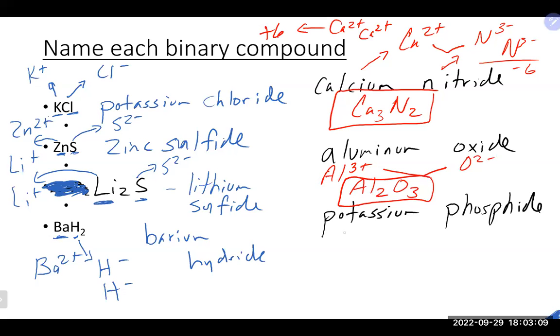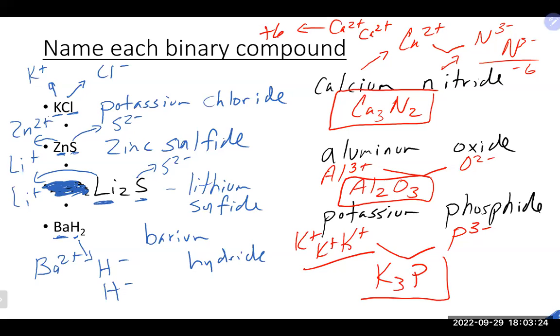Lastly, here we have potassium, which is group 1, and we have phosphide, which is group 5, a -3 in this case. We need a few potassiums there to balance it out. That gives us K3P in this case, and we would have the right formula. Any questions on that there?